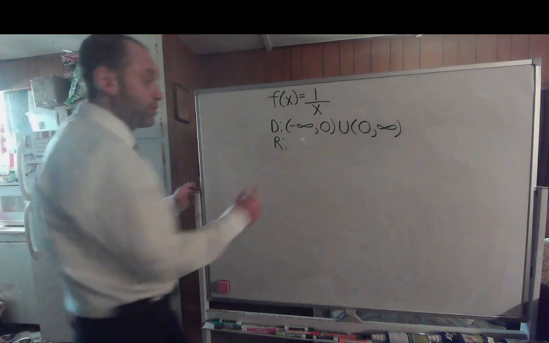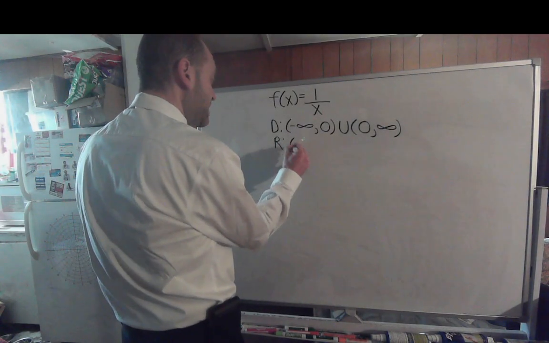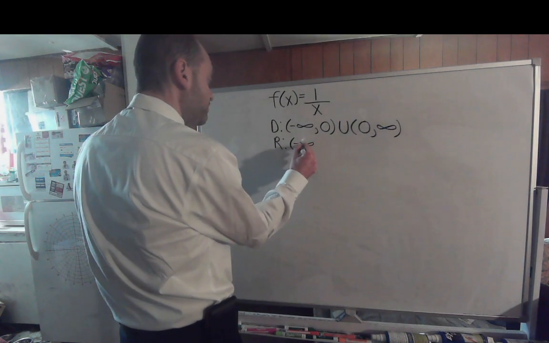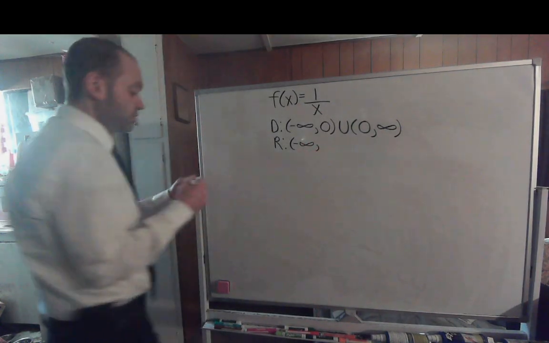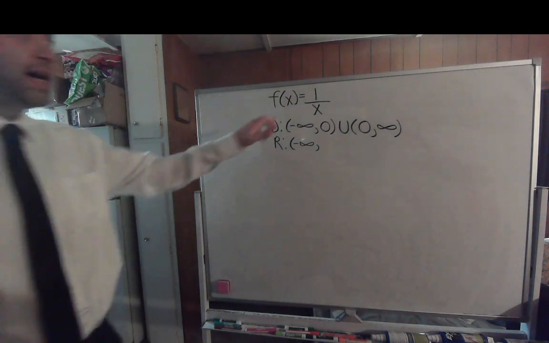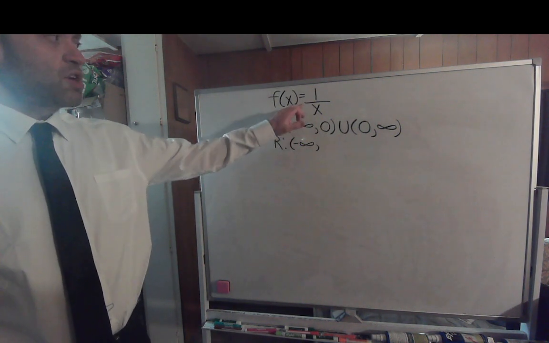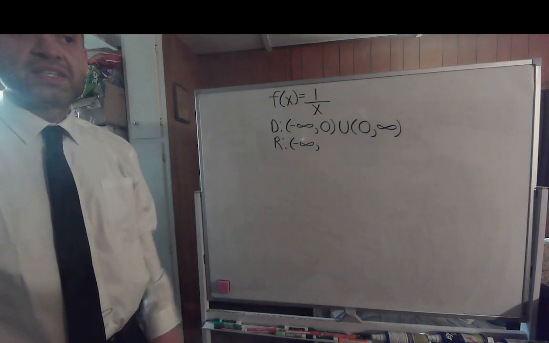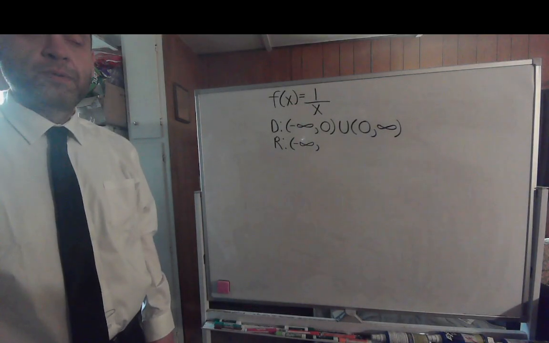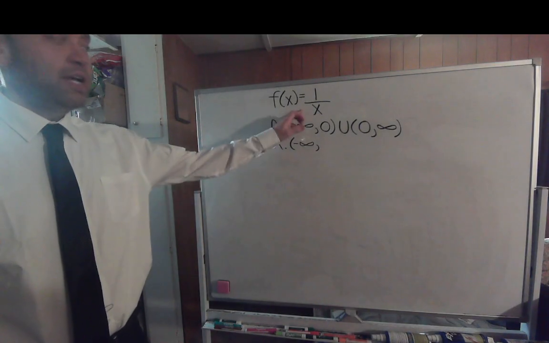So my range would be from negative infinity up to, let's put in a very high negative value, let's just start with like negative 4. If x is negative 4, for example, it's just going to be negative 1/4.